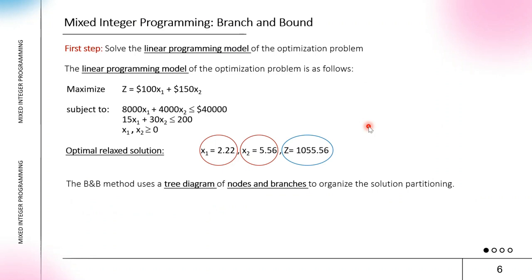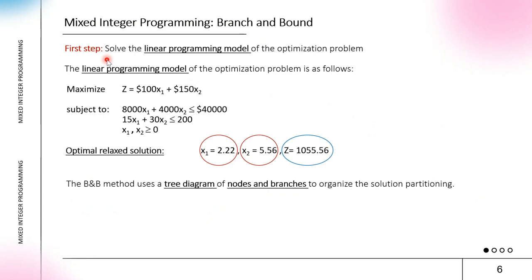In the first step of the branch and bound method, we must solve the relaxed LP or linear programming form of the optimization problem. So we ignore the integer nature of the decision-making variables in constraints and transform the mixed integer programming optimization problem into a linear programming optimization problem.